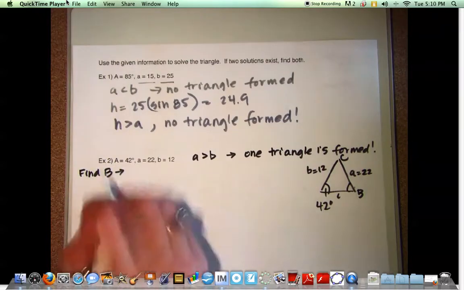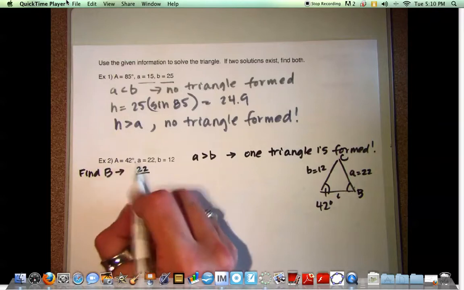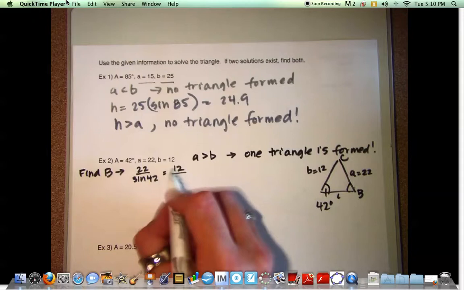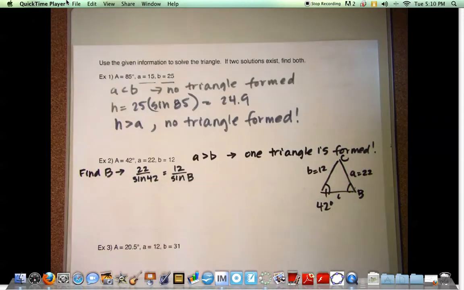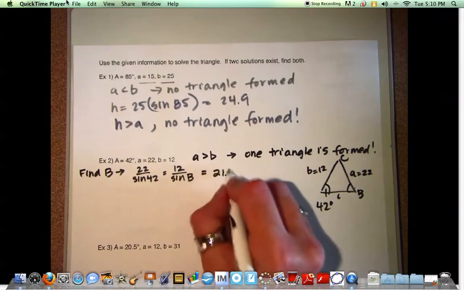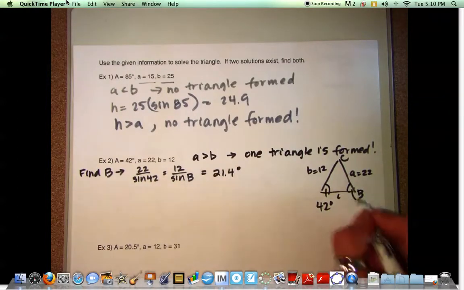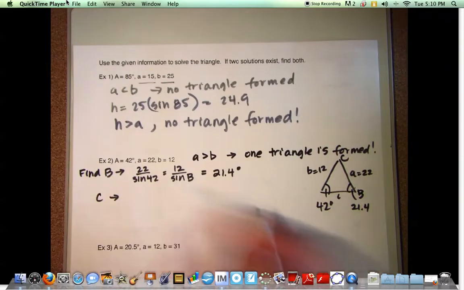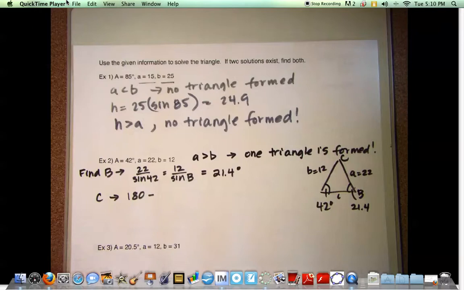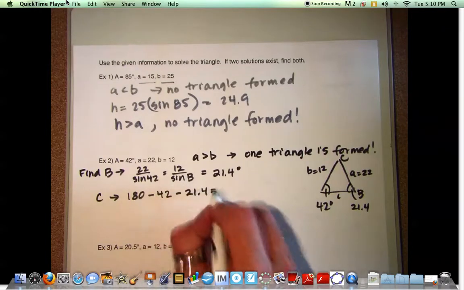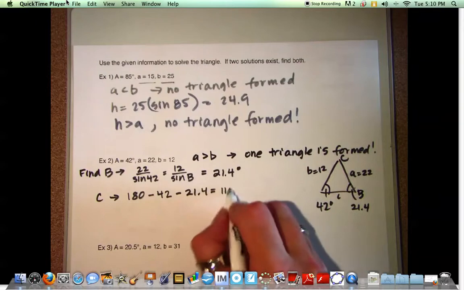Using law of sines, we have 22 over sine of 42 equals 12 over sine B. Don't forget you have to do the inverse on this one. And B is equal to 21.4 degrees. C is easy to be found: 180 minus 42 minus 21.4 gives us 116.6.